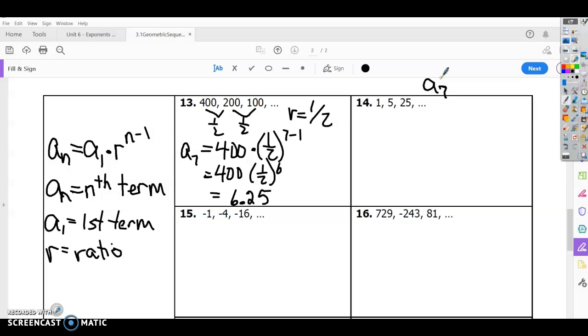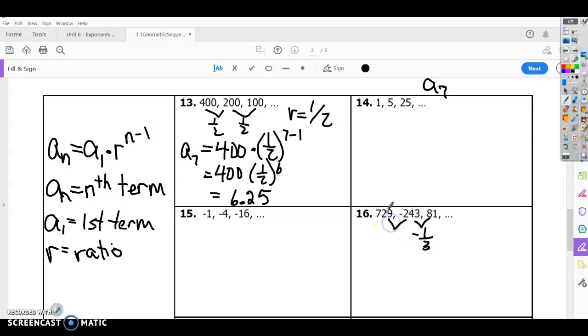If you look at number 16, we have 81 divided by negative 243. If you do that, it's going to give you negative 0.333, so that's going to be negative 1/3. It's better to write it as a fraction.